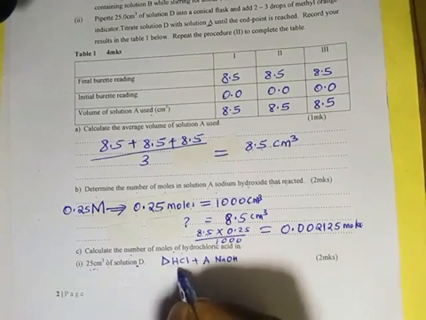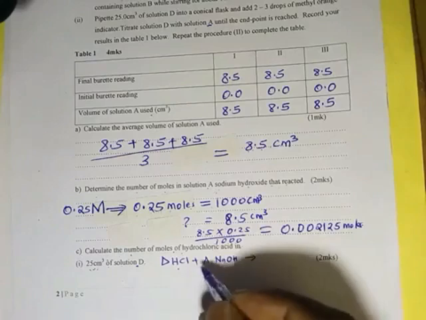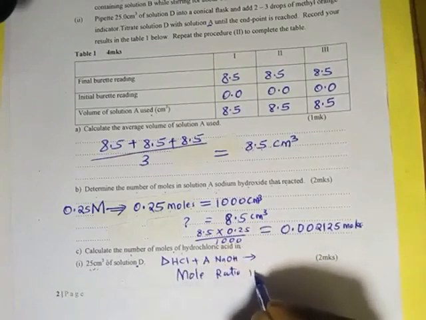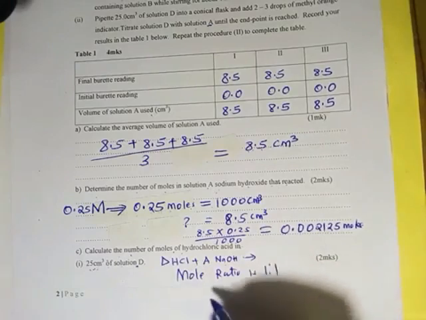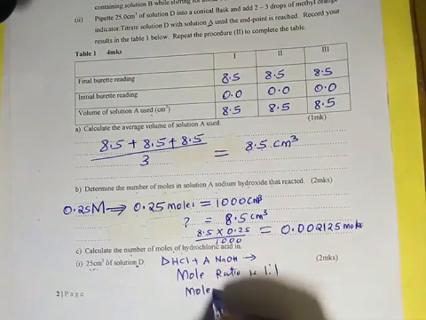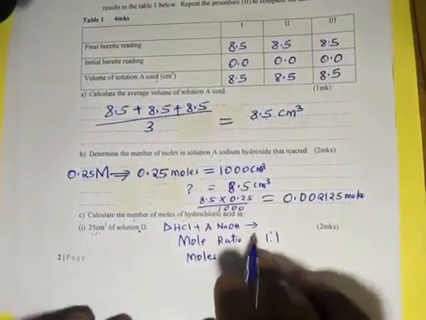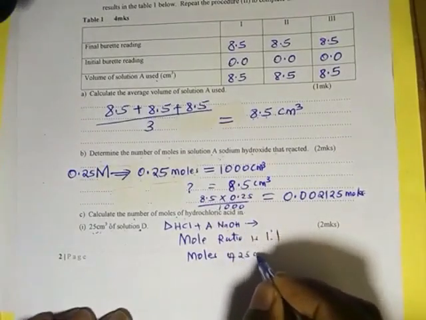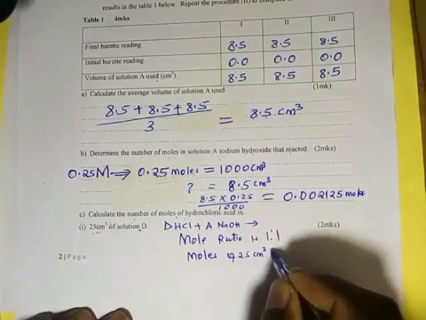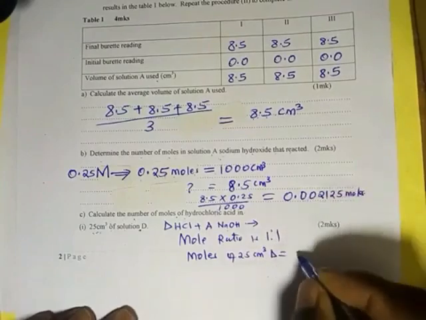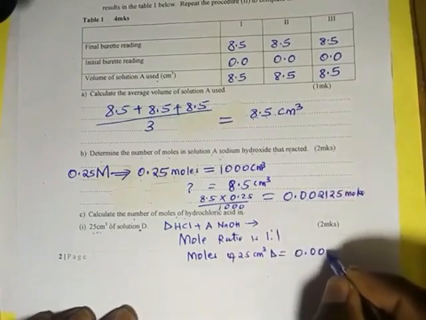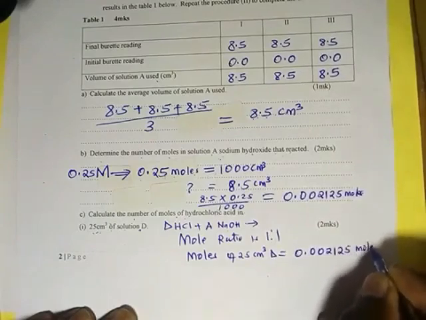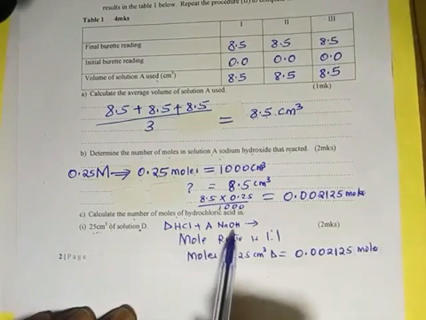Meaning because HCl and sodium hydroxide, the mole ratio is 1 to 1. Therefore moles of 25 centimeters cube D equal these moles, 0.002125 moles. The reason is the ratio is 1 to 1.